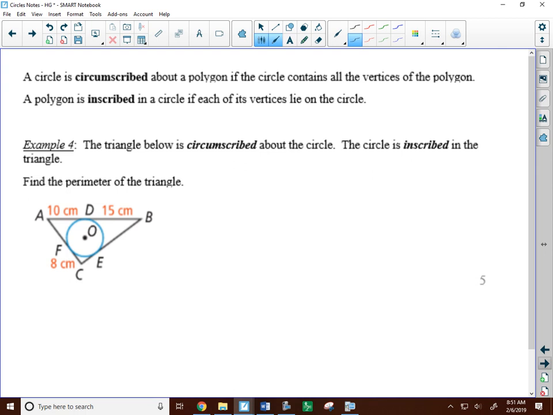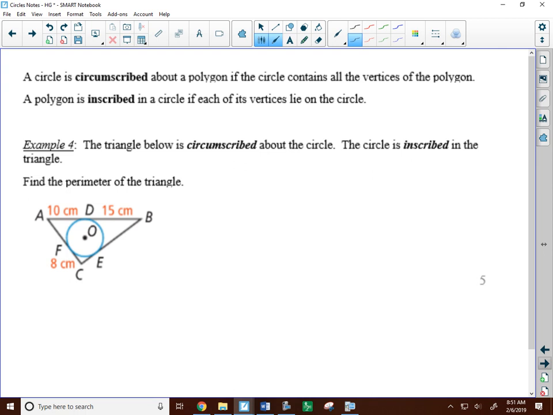So the last thing is, again, kind of a throwback to constructions, because we did it a little bit. I don't think we talked fully about these words, though. I talked about drawing the circle inside, and circumscribing a circle, where you just put the circle on the outside.